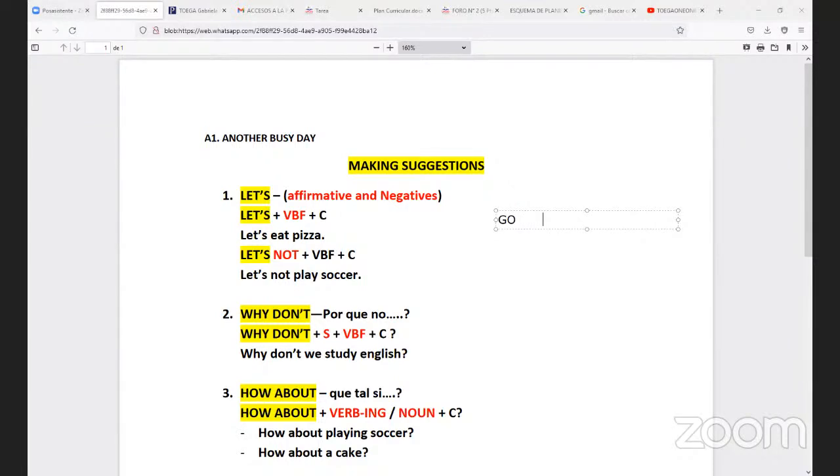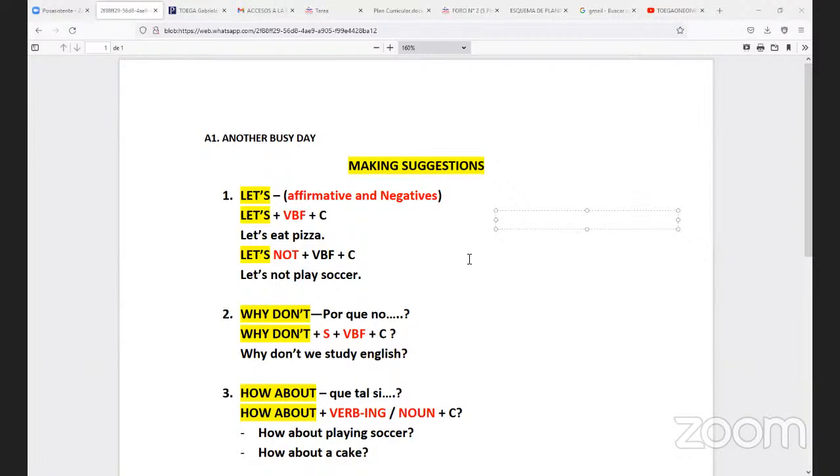If I have an infinitive, this verb works with to, to go. And if I add ing to the verb, that is gerund. So the base form is just the verb without to, without ing.